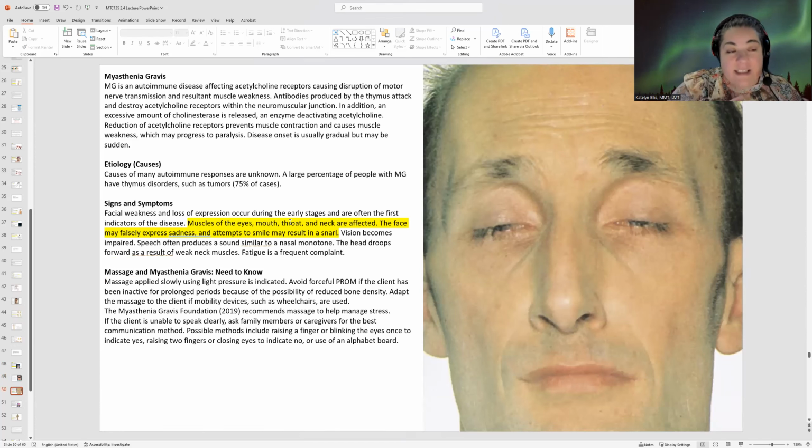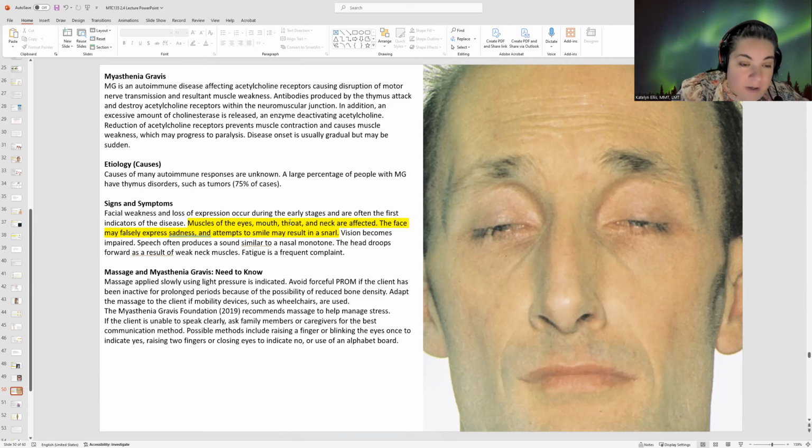Myasthenia gravis is an autoimmune disease that affects the acetylcholine receptors, causing disruption of motor nerve transmission and causing muscle weakness. All right. Muscles of the eyes, mouth, throat, and neck are usually affected, and the face may falsely express sadness, and attempts to smile may result in a strange snarl.